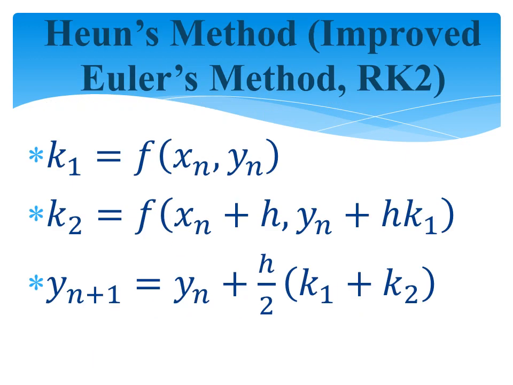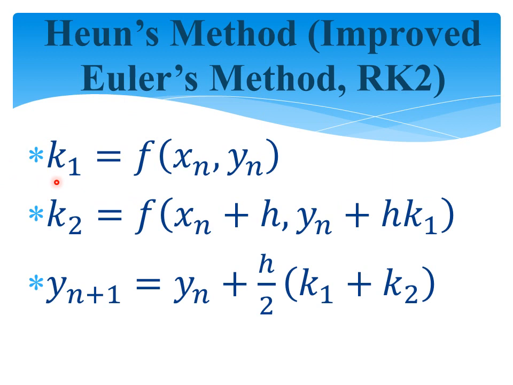Now you can see here, Heun's method, improved Euler's method, RK2. First we find k1.